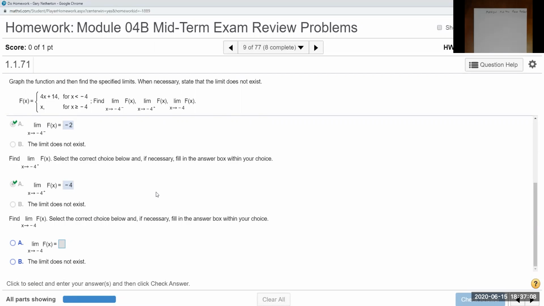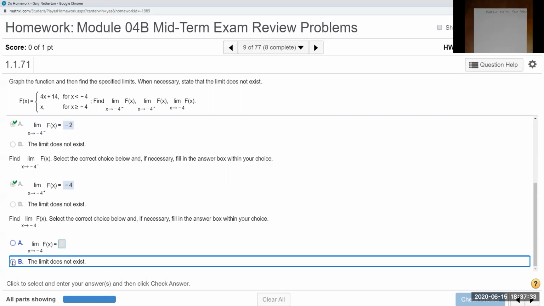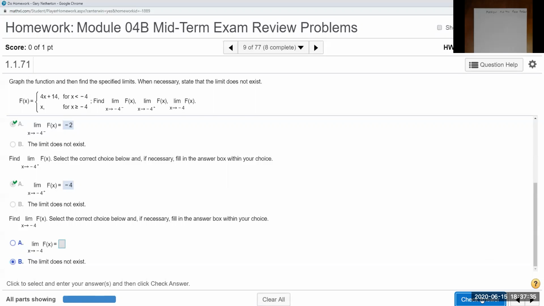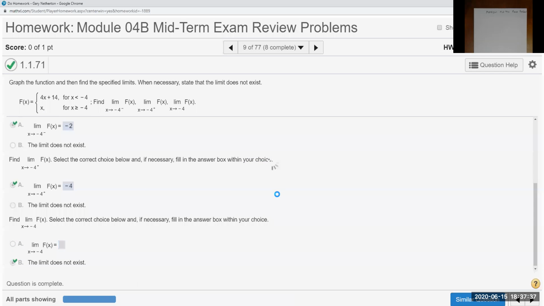What does that mean? We actually do not have a limit as x approaches -4, because as you approach it from the left and the right, they are not approaching the same value of the function. For there to be a limit, when you approach it from the left and the right, it has to be the same value of the function. So in this case, I'm going to say it does not exist. And that would be correct.